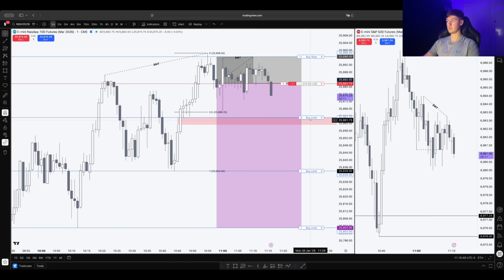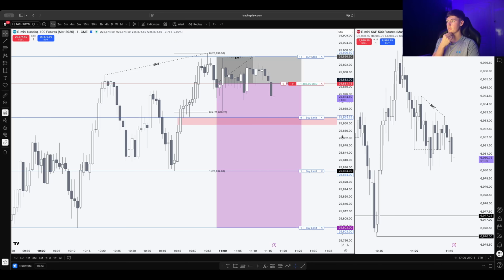Obviously, I am expecting price to just flush through this BISI and continue lower, but I always like to take a partial at internal range just to lock in some profit and then trail stops to break even. But yeah, so far so good. We are running nice and clean. Let's see if we can flush lower now. Come on, NQ.